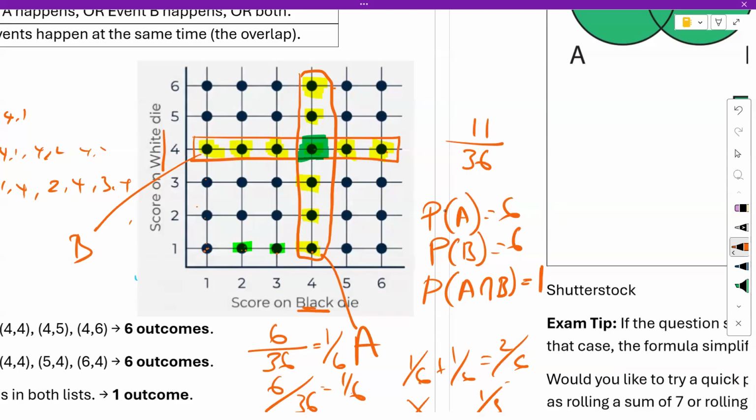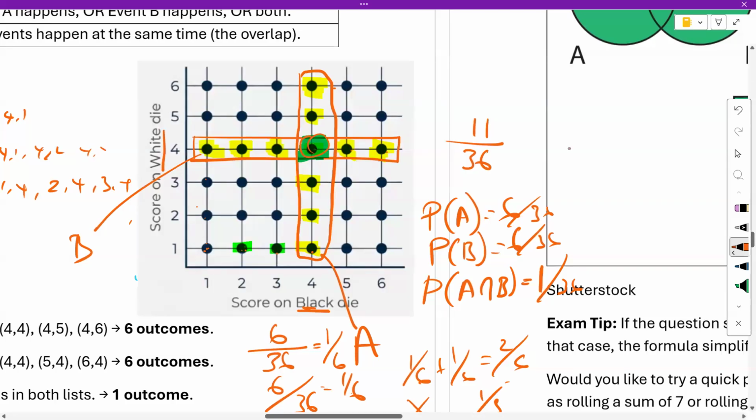Actually, these are not probabilities yet; they must be over 36. Probability of A: 6 outcomes out of 36. Probability of B: 6 outcomes out of 36. Probability of A intersection B: 1 outcome out of 36.